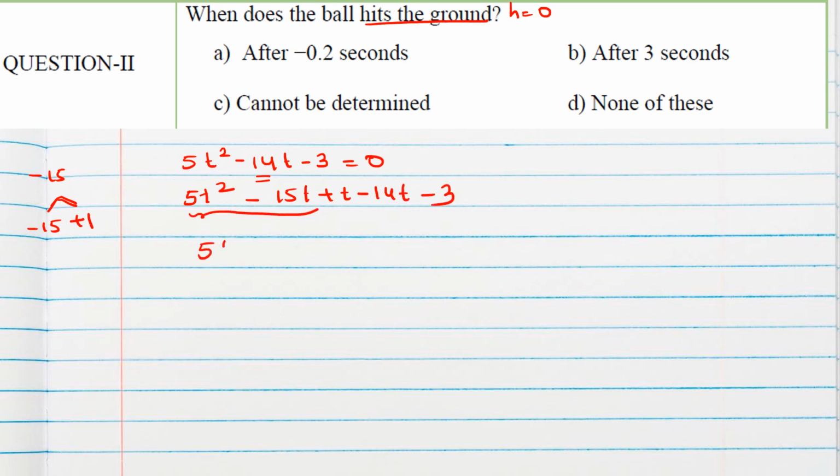If we take 5t common, t minus 3 will be left. Sorry, this will not come. Minus 3 equal to 0. Okay, now t minus 3 is there.